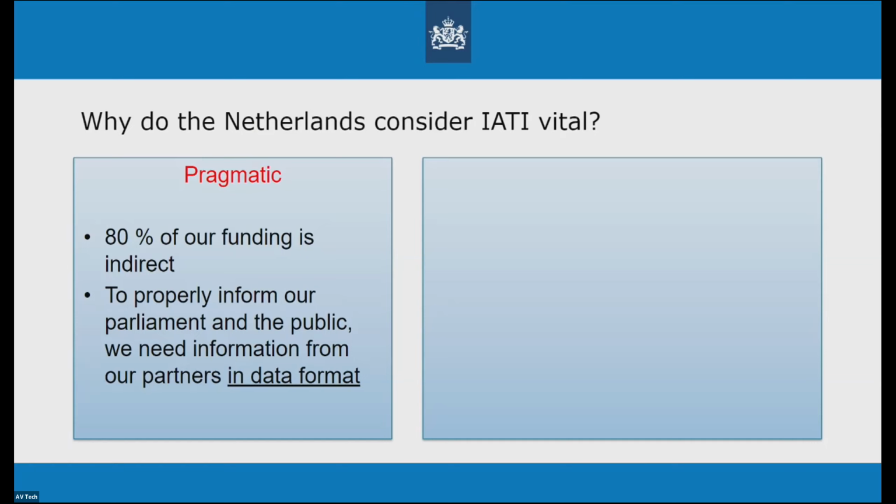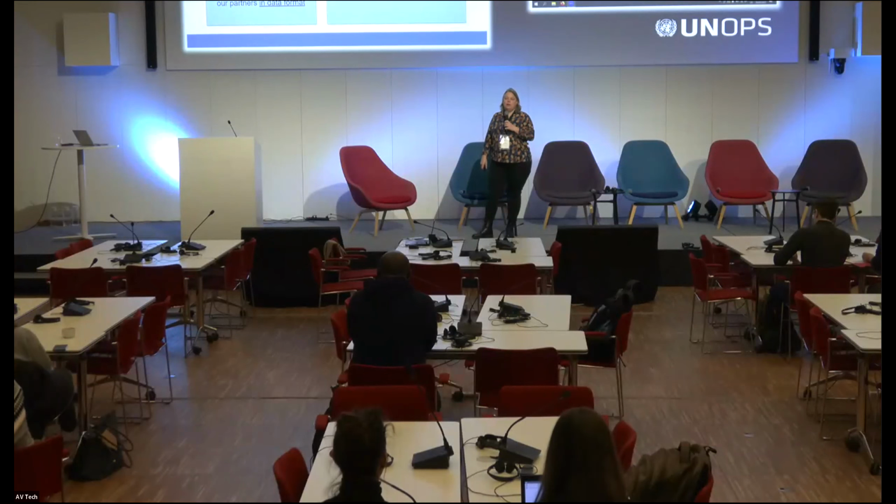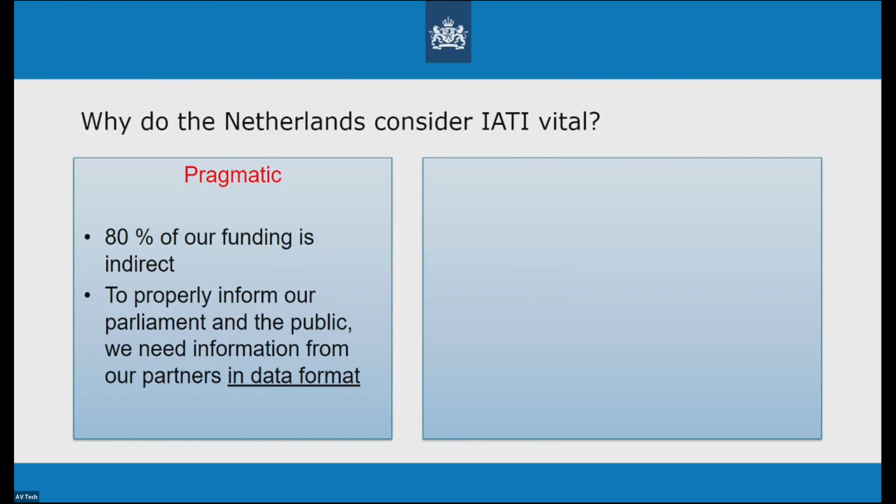So why do we, as a ministry, use this data like this? IATI is important for us for a couple of reasons, actually two main reasons. One is a very pragmatic one. If 80% of your funding is indirect and you need data on how effective it is, you need that data from your partners.